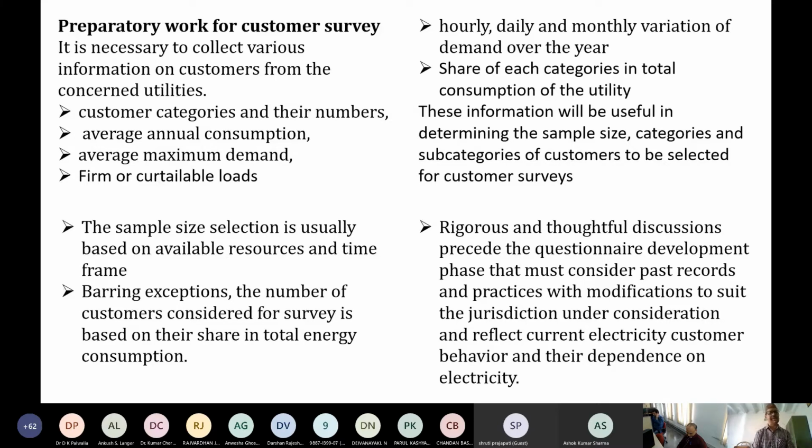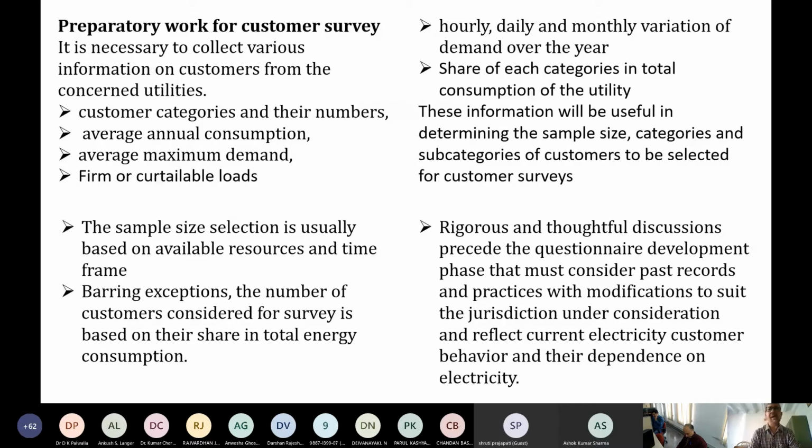Some loads are firm and some loads are curtailable. So you have to declare at the time of getting connection whether your loads are firm or curtailable. If loads are curtailable, they can get some rebates from the electric utility for curtailing their loads during the time of deficit of supply.